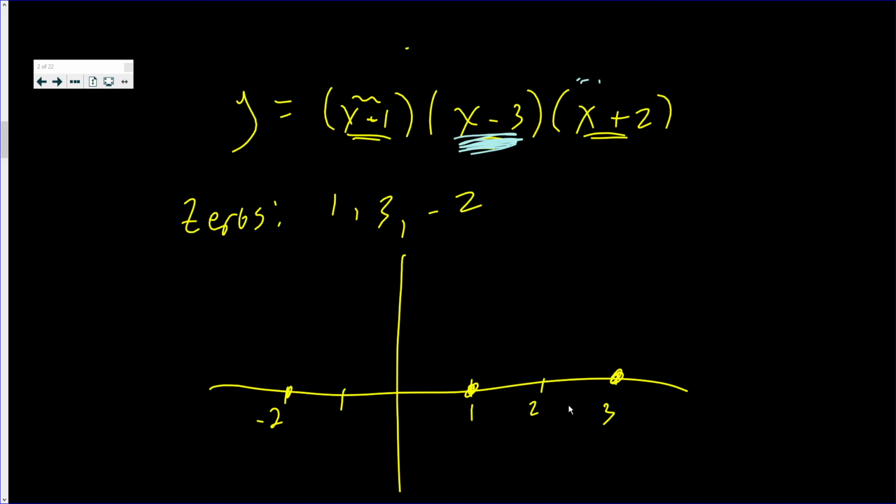When x is near 3, if you're around 3 and you take away 1, you're around 2. You're nowhere near 0. You'll always be positive. If you are around 3 and you add 2, you're around 5.